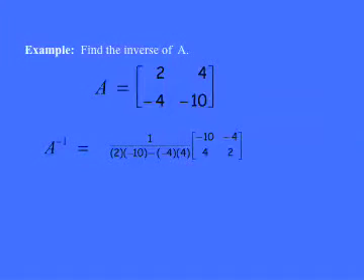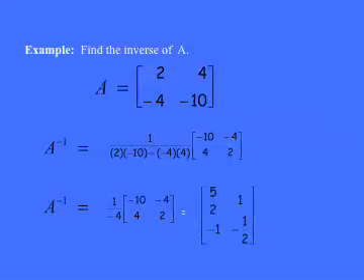Now we'll calculate. First we'll calculate that determinant, so we end up with 1 over negative 4, and we'll multiply that by each element. Remember, this is scalar multiplication, and the scalar in this case is negative 1/4. So when we do that, after simplifying, we'll end up with the matrix 5/2, 1, negative 1, negative 1/2.